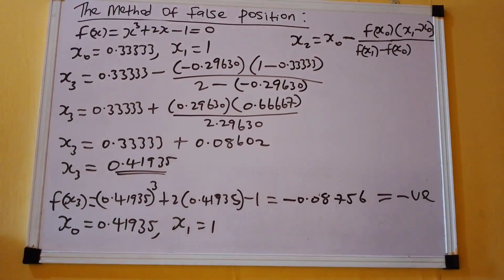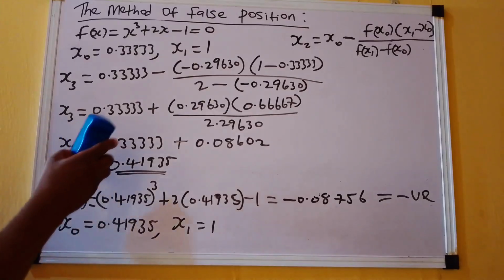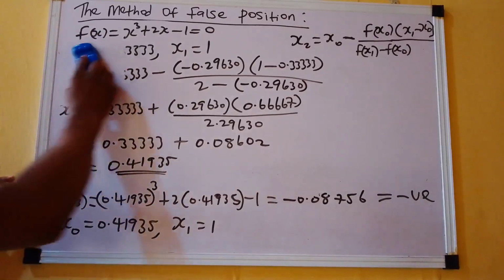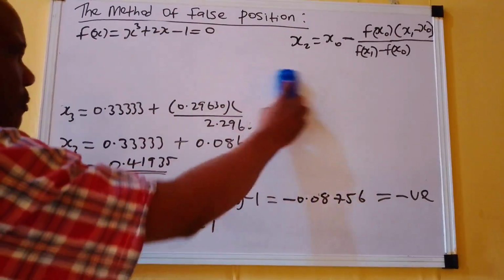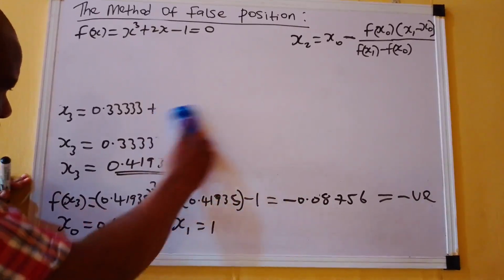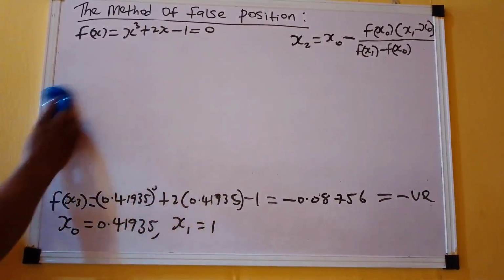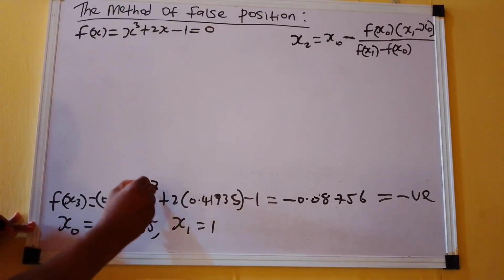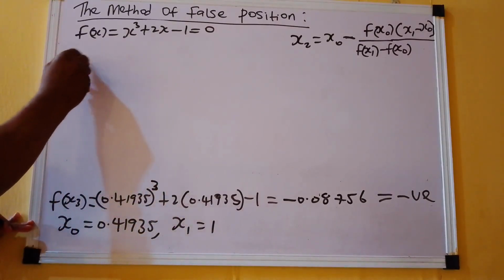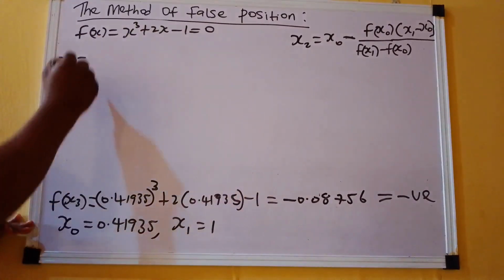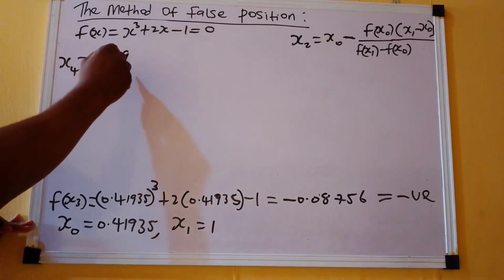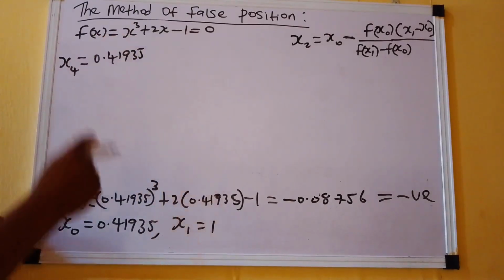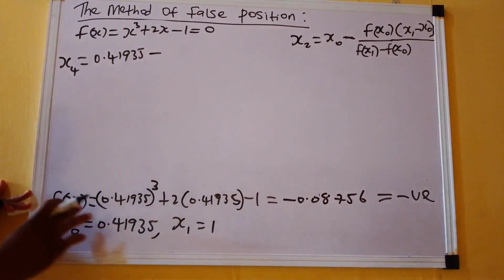Again, we are going to proceed to use the formula to get our x4. We are putting x3. Now we want to get our x4. So our x4 will be equal to, what is our x0? 0.41935. Then minus, what is our f of x0?